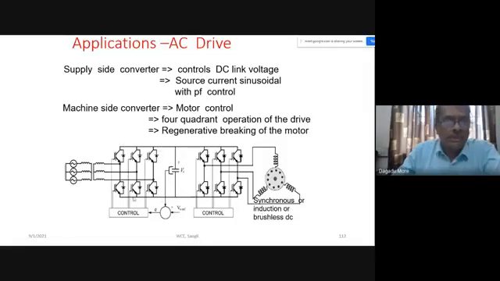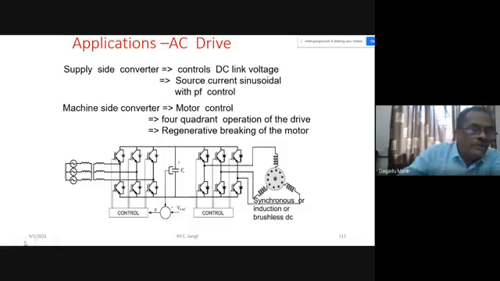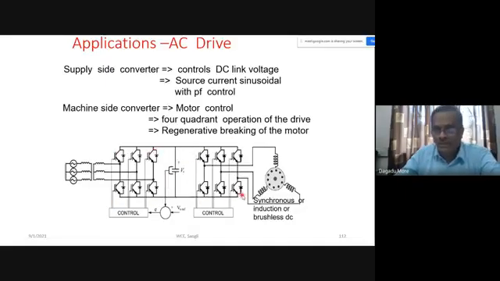And we have used here a PWM rectifier and the PWM inverter. And this is our PWM rectifier, a PWM inverter.